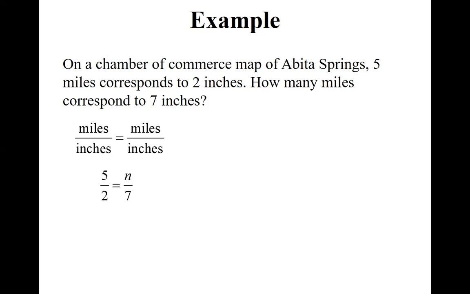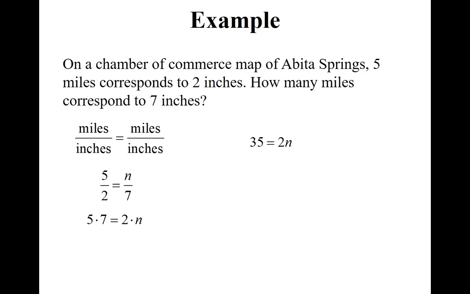Once we have the proportion, we can solve it. Since the proportion is a stated equality, we know that the cross products are equal. So we set the cross products equal to each other. 5 times 7 equals 2 times n.